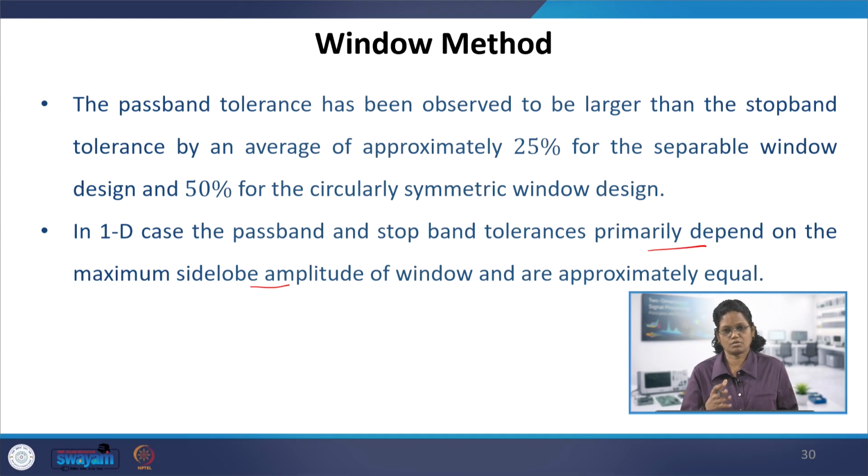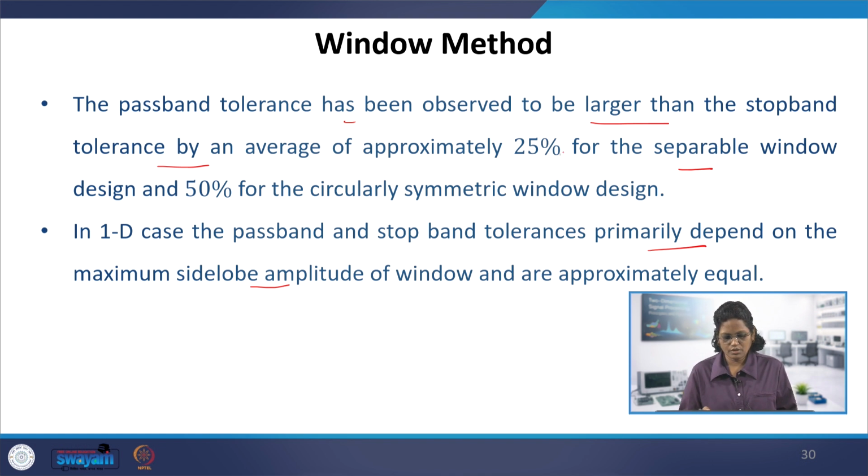If you use a smoother window, the side lobe level will be reduced, and it's approximately equal in the case of 1D. But in 2D, the observation here is that the passband tolerance is larger compared to the stop band tolerance. That's delta p is larger, the ripple in the passband is larger than in the stop band, and it is 25% more for the separable window, and 50% for the case of circularly symmetric.